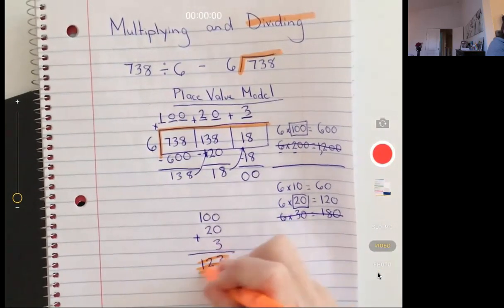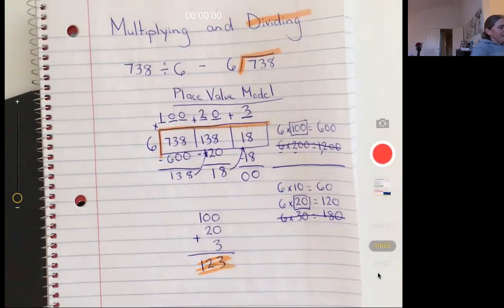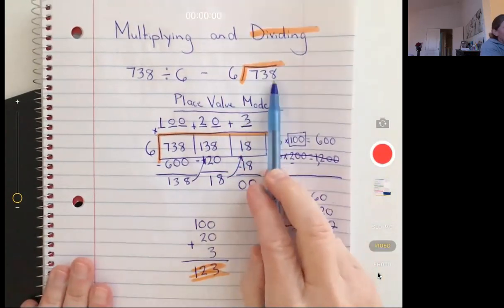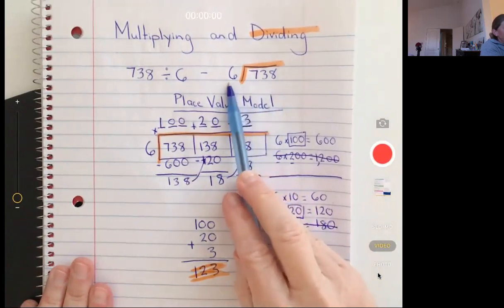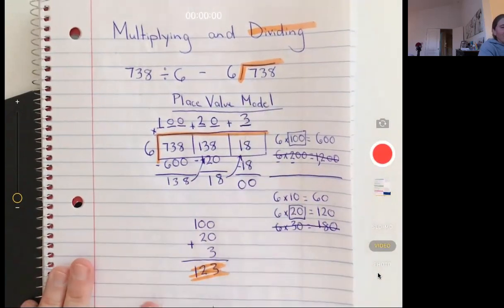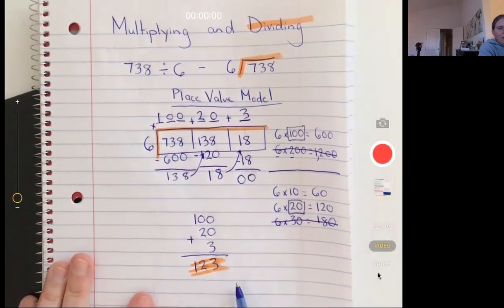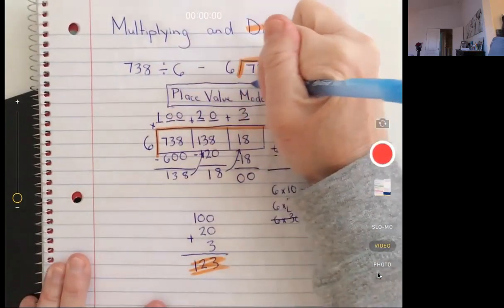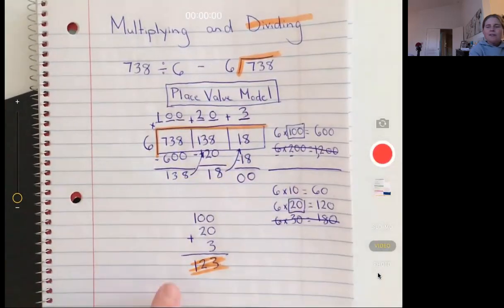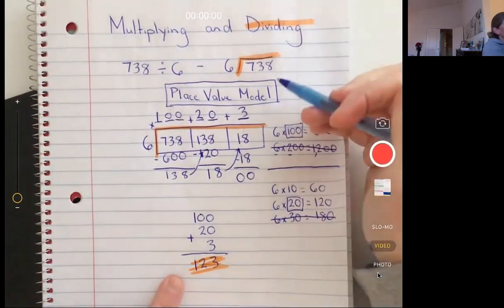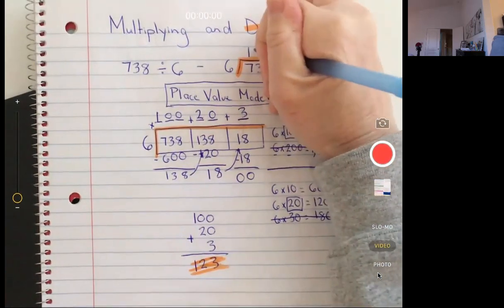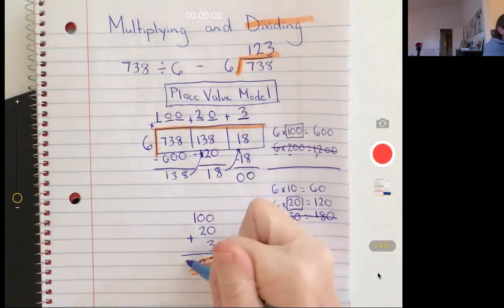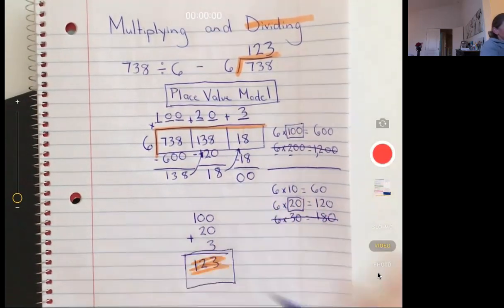So that means if I were to be doing this kind of division, right? 738 divided by 6, the answer is 123. And I just used the place value model to solve that. So instead of going right to there, so I could put my answer up here like that, and this is what I got.